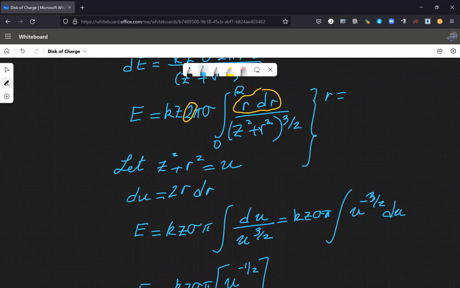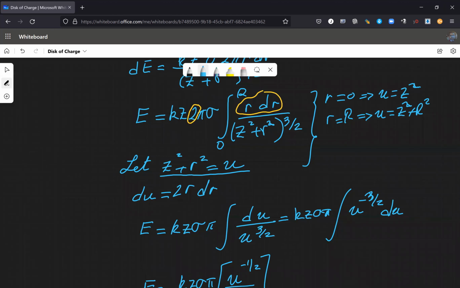When r is 0, u is z squared, right? When r is 0, u is z squared from this equation right here. And then when r is capital R, u is z squared plus r squared. All right, well, we can just go from z squared to z squared plus r squared.